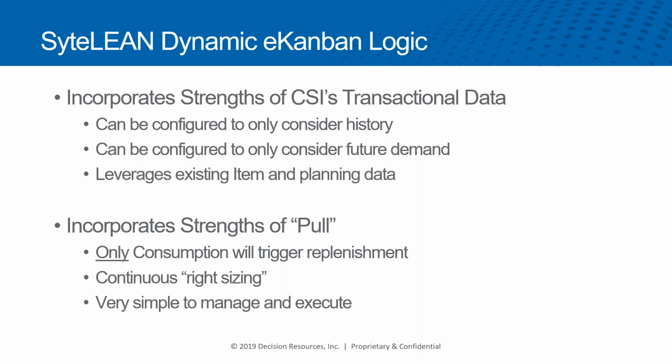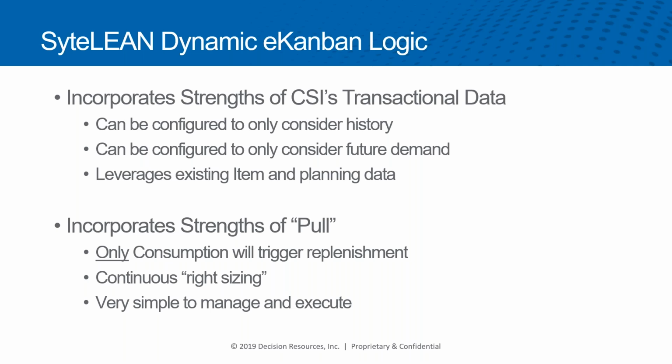And the most important thing is it helps prevent that overproduction and overprocurement that is the number one waste in your lean thinking, right? Most of you already know that. It's super difficult to stop the enthusiasm of your employees to build more and buy more, and SyteLEAN with a pull methodology absolutely puts a lid on that problem.